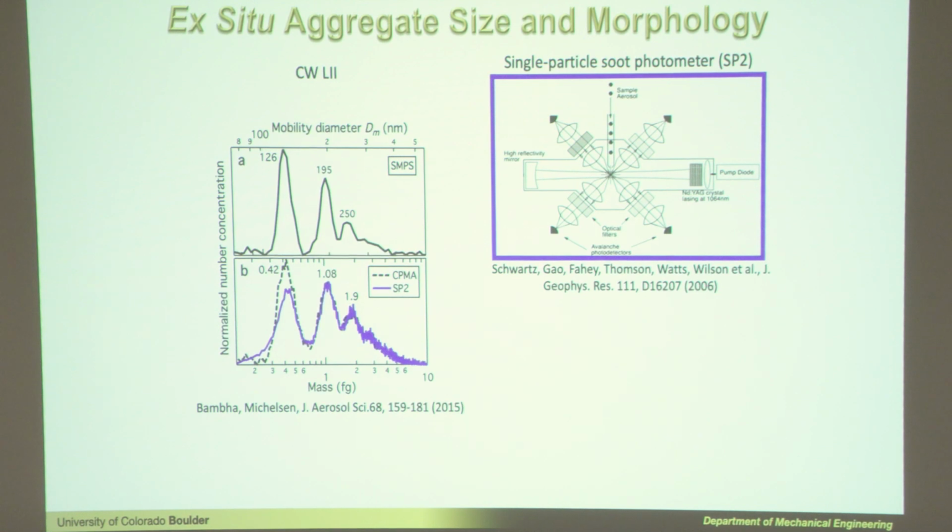People carry these instruments out into the field. They fly them on airplanes, and it's an interesting instrument because it measures soot using laser-induced incandescence, one particle at a time. But you have to extract your soot from the flame and send it through this instrument.